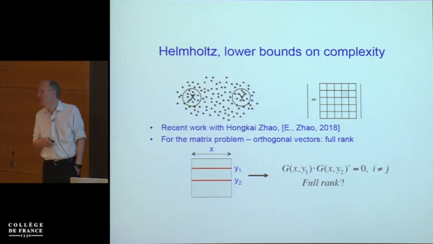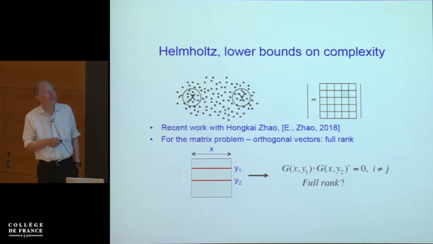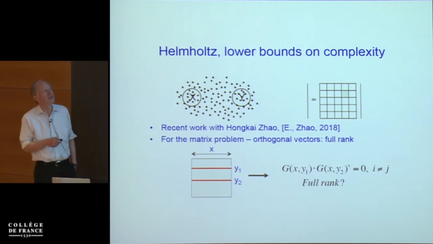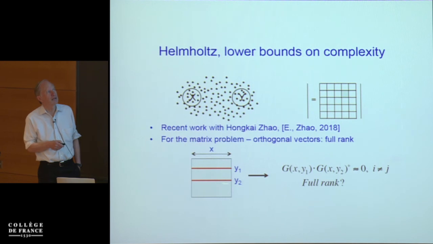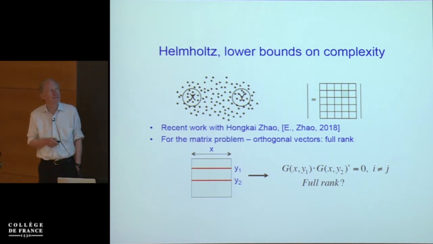Then we pick two different points in y. So this matrix has discretization along x and discretization along y, and you're interested in asking whether this matrix is compressible. A certain case where it's not compressible is, of course, where these are orthogonal in this way. Then you have full rank in this case.